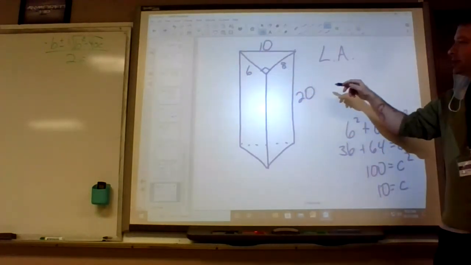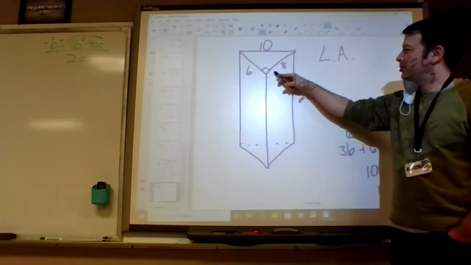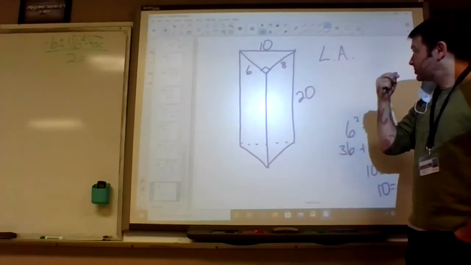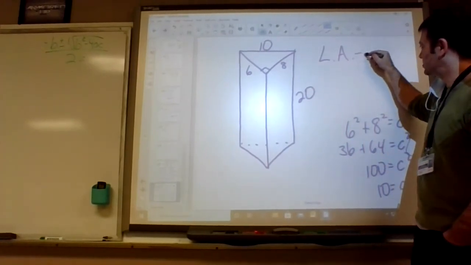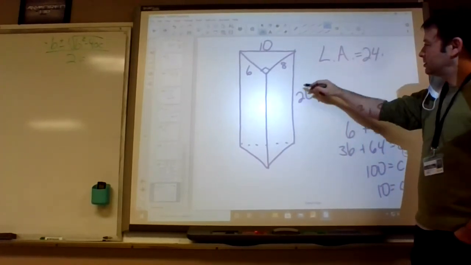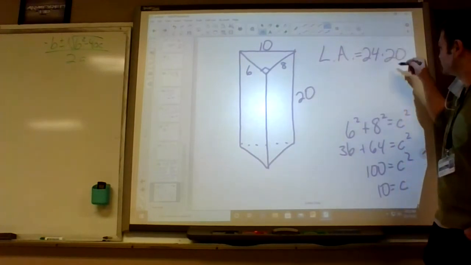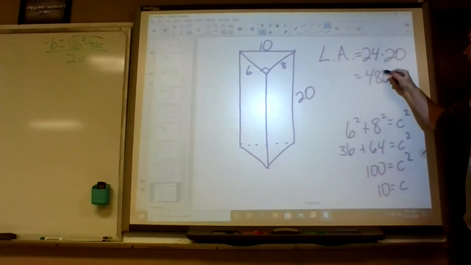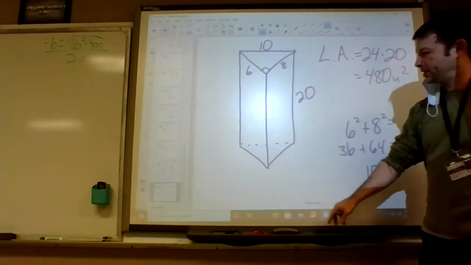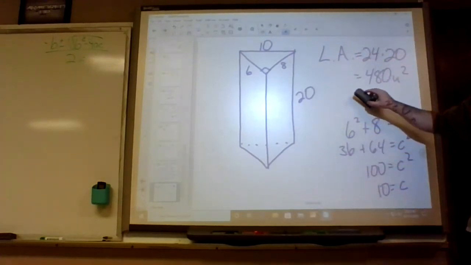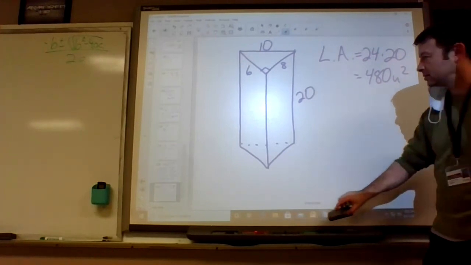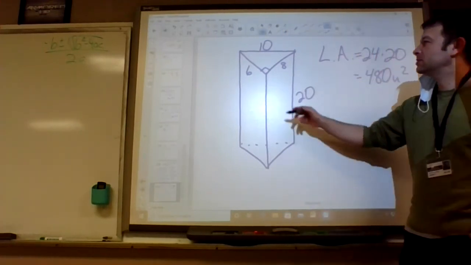What's the lateral area going to be? Perimeter times height. 10 plus 14 is 24, times the height, 20, is 480 units squared. Then what am I missing? The total area, which is the bases.